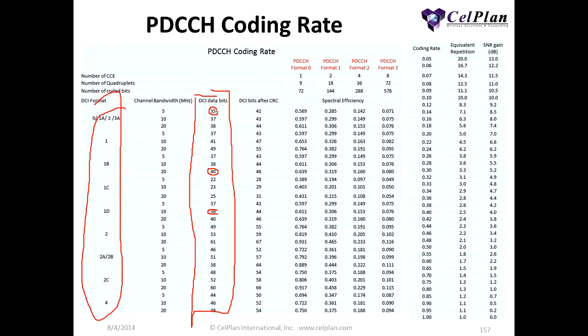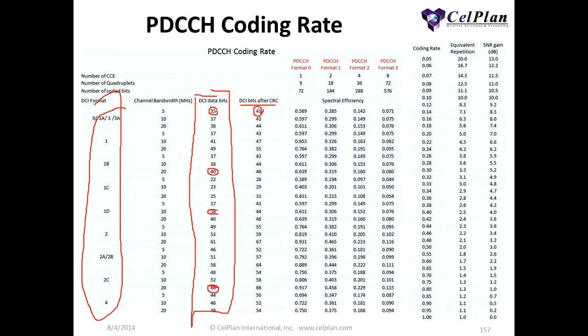So 3GPP said, if this is a very simple transmission mode, I can get around with 35 bits. Or this is a very complex transmission mode, I will need to send 60 bits of data in the DCI. Then you apply a 16-bit CRC, so the minimum DCI you have is 41 bits.